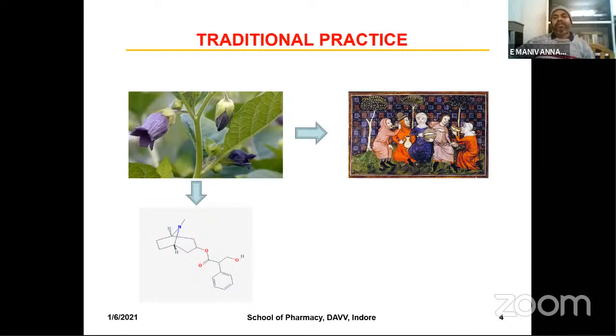In European cultures, the people of that time used Atropa belladonna's extract for different purposes, mainly for cosmetic purposes, for beautification. Once they applied Atropa belladonna extract, dilation of the pupil occurred near the eye area, so that added beauty to the woman.